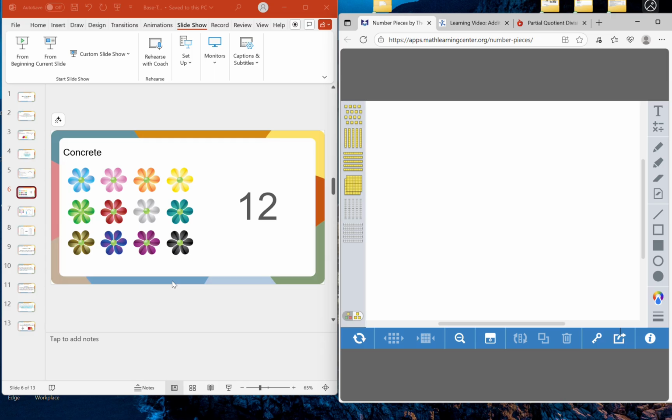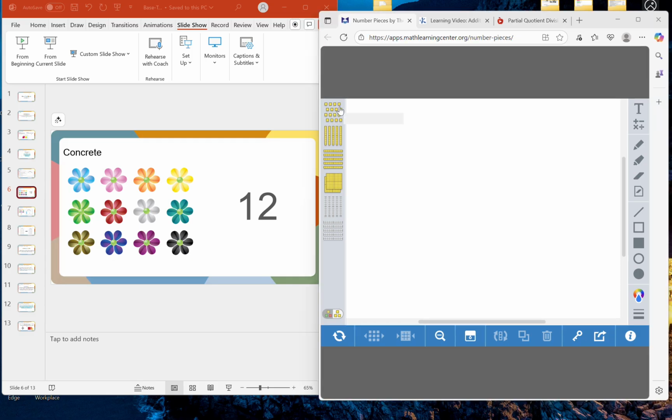Now let's look at the digital base 10 blocks. We will now start counting out 12 single unit cubes. 1, 2, 3, 4, 5, 6, 7, 8, 9, 10, 11, 12.